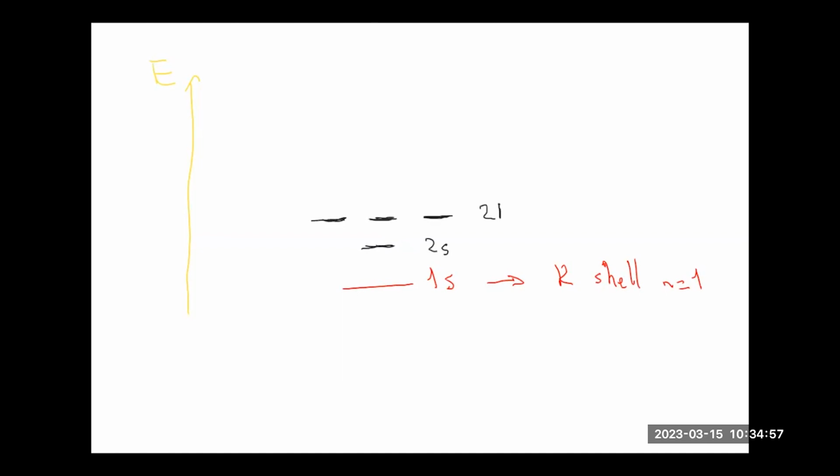And the spins are spin up and down. Suppose we are filling all the spaces. This is the second shell, which is the L shell, and n is equal to 2. Okay, what's next?